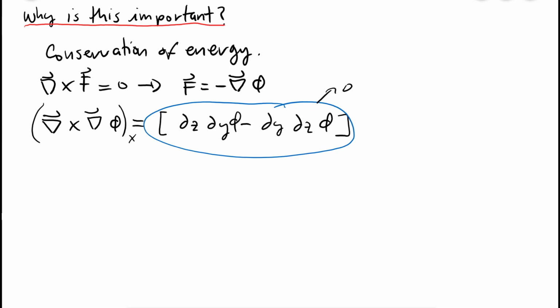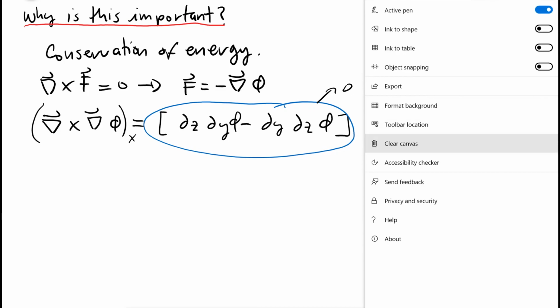Now, before looking at the principle of conservation of energy, let's look at an example. So let's clear the board here, and let's start with the example. The example is really simple. We're going to look at a very familiar force field, the gravitational field near the surface of the Earth.